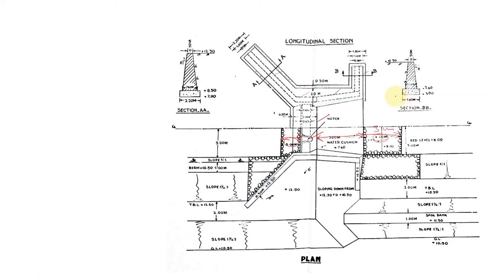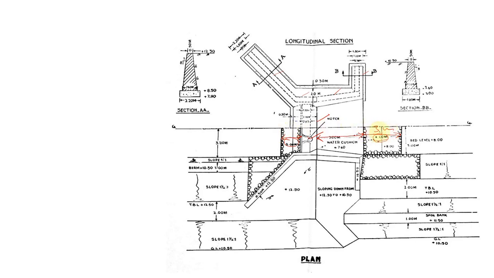And then what is remaining? Bed pitching on either side, upstream and also downstream. Bed pitching on the upstream side is not required generally, but you can go with 2 meters or 1 meter of bed pitching. You can fix it based on your experience.